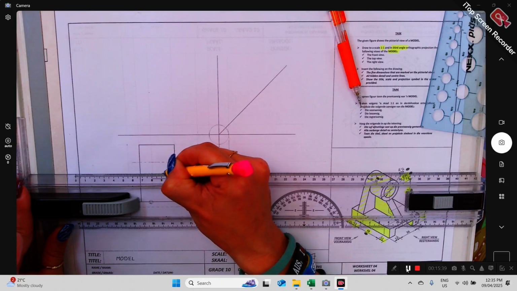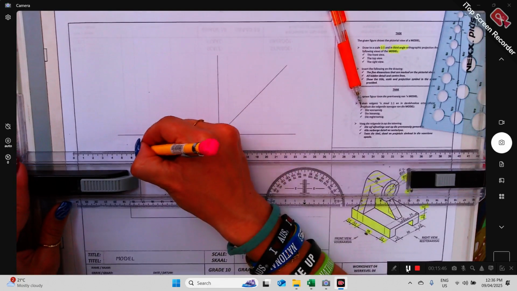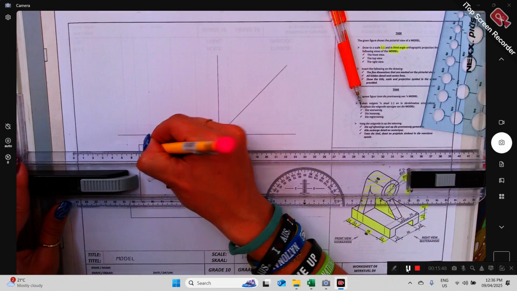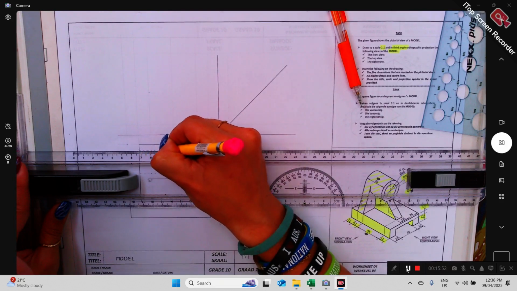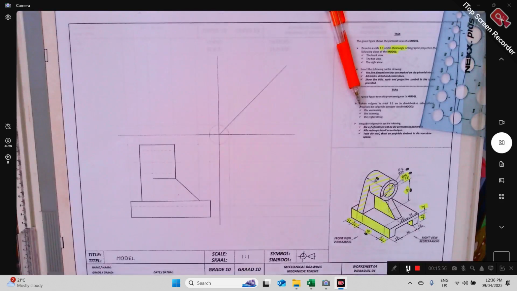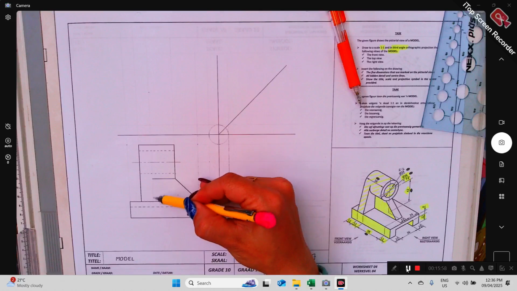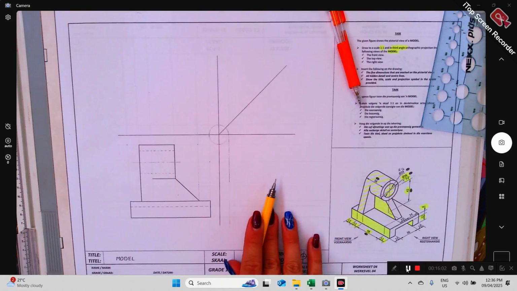A little bit lighter than my A line, but darker than my C line. And that is the completed front view, excluding the line here, which I will only be able to determine once I have done my right view.